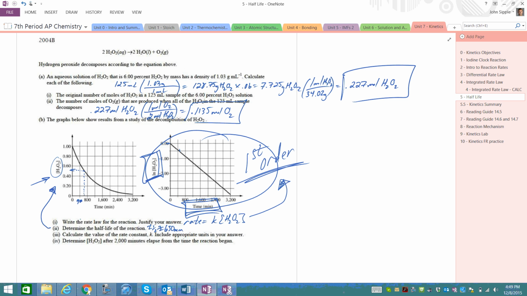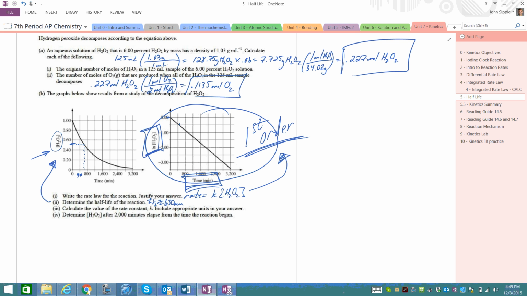And they want us to calculate the value of the rate constant k. Because it's a first order reaction, t1/2 is equal to 0.693 over k. So 650 minutes is equal to 0.693 over k.